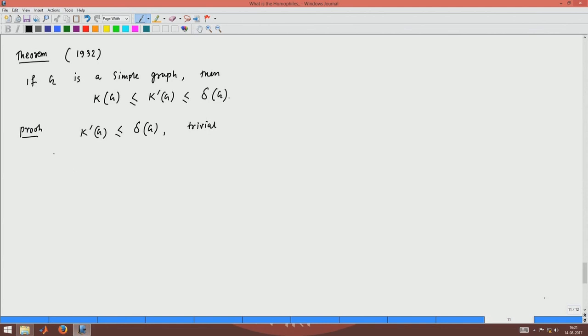Now, we are going to prove this part, basically that vertex connectivity is always less than or equal to the edge connectivity. Consider a smallest edge cut. You understand the meaning of this edge cut.